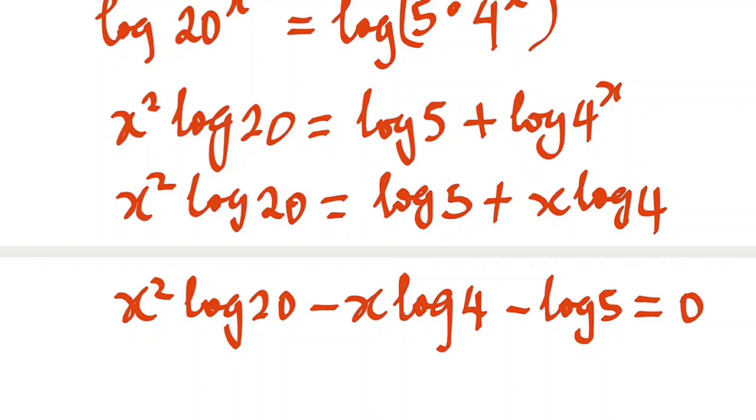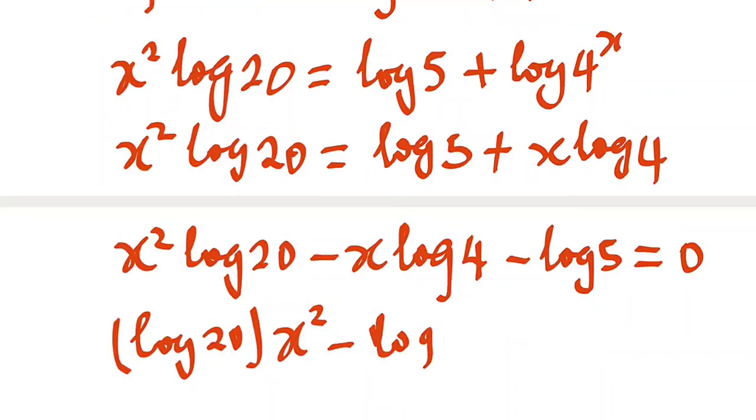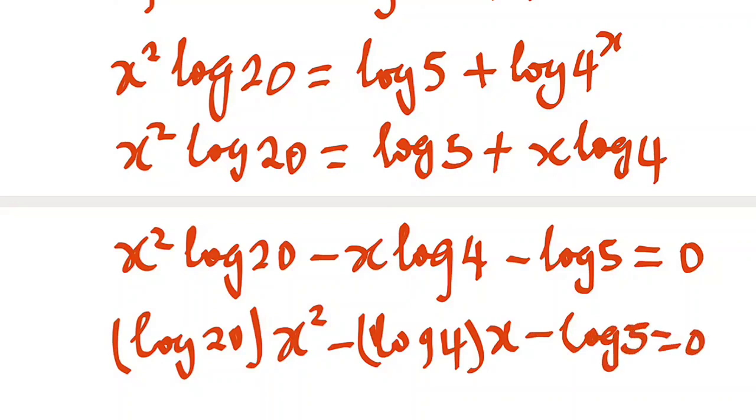From here, let me rearrange this. So I can have log 20 x squared minus log 4 x minus log 5, which is equal to 0.